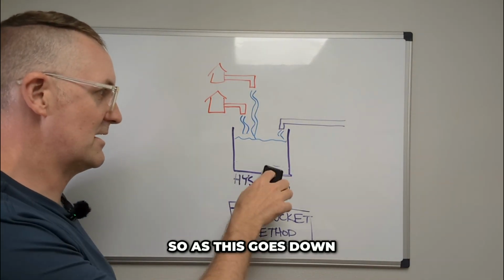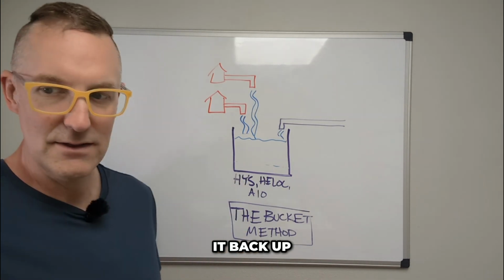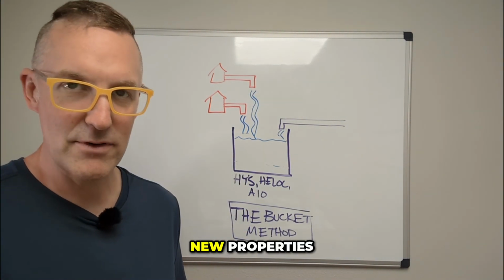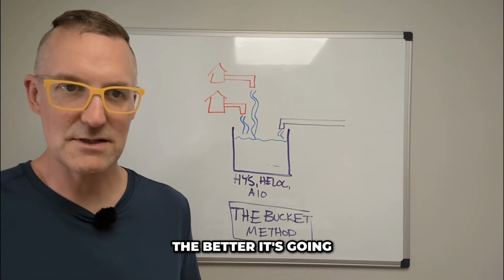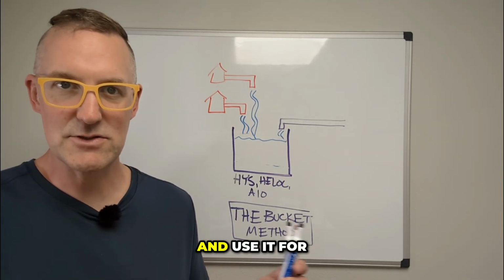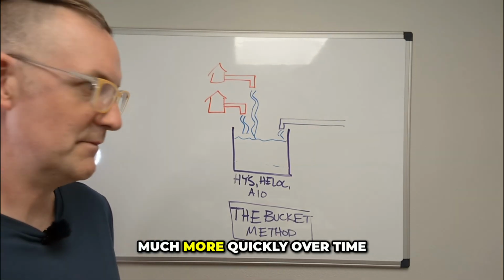So as this goes down when you buy a property and it goes up as you fill it back up, that's your money for buying new properties. Again, the less you touch this for anything else, the better it's going to be. Don't take this money and use it for your own lifestyle. That'll help you build up much more quickly over time.